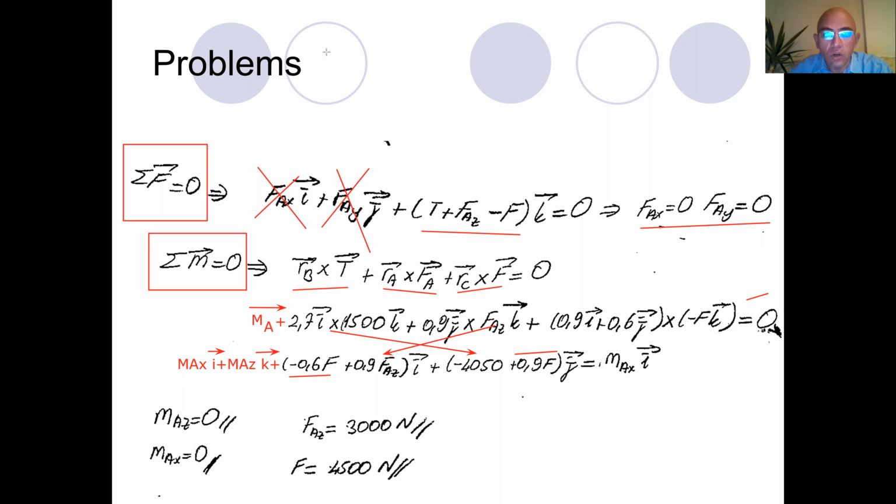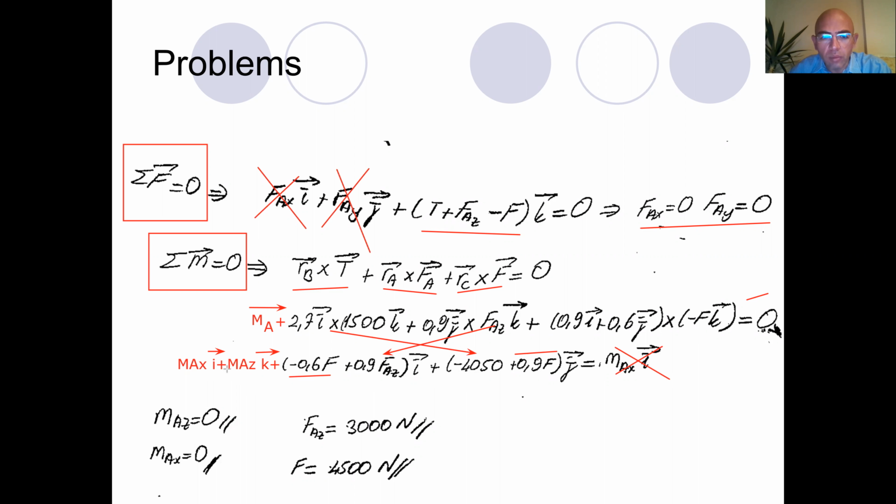And of course, this part is 0. I just changed it a little bit. Okay, so this is my equation.